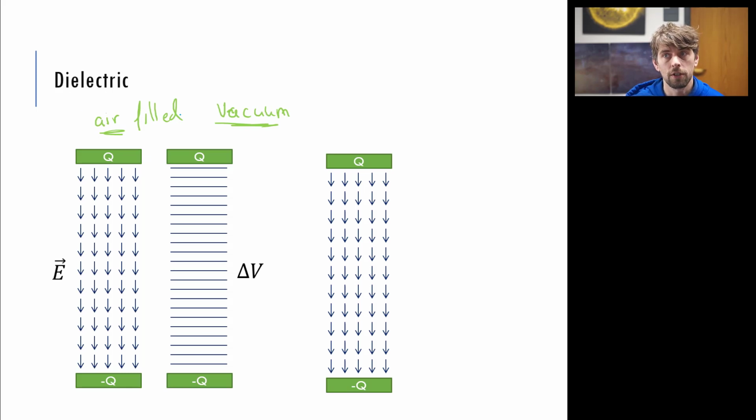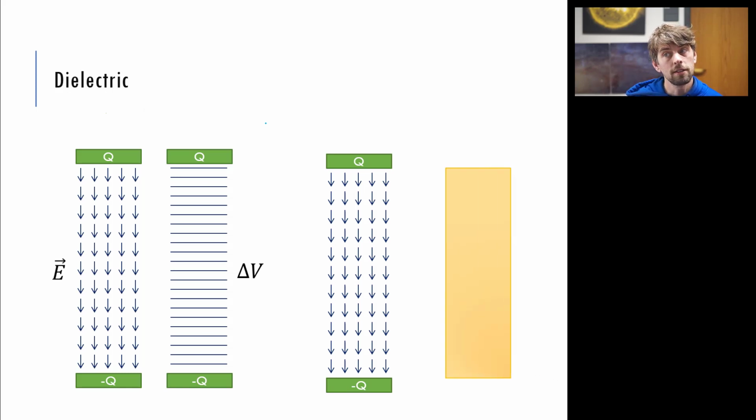So an air-filled capacitor is essentially, for all practical purposes, the same thing as an empty capacitor, one that's in vacuum. We would like to know what happens, first of all, to the electric field, or alternatively, the change in potential between the capacitor plates when we decide to insert some sort of material.